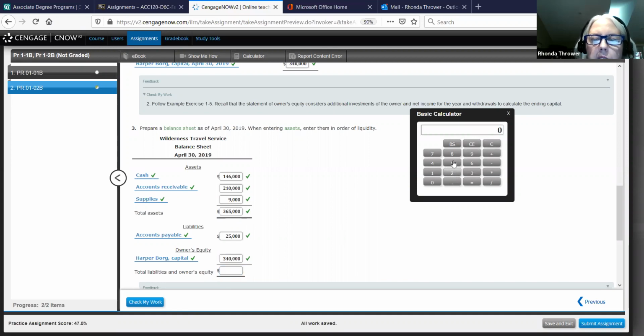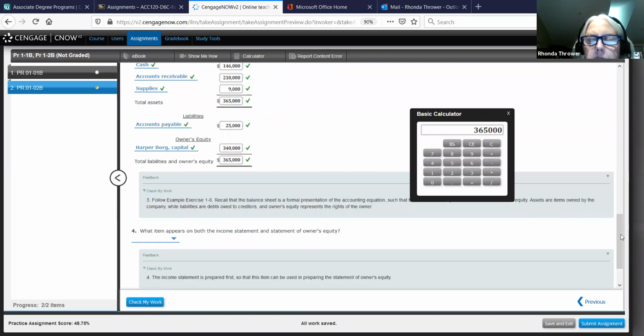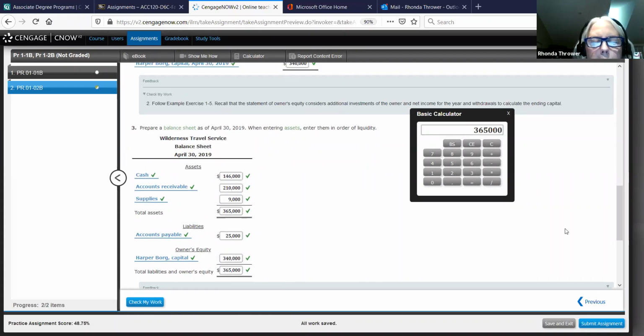That's how we know that our accounting equation is in balance and our balance sheet is reporting that we have balanced up all of our information for this period of time. When you add them together, it's $365,000, and that's the total of your liabilities and your owner's equity.